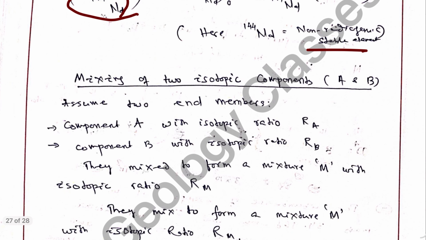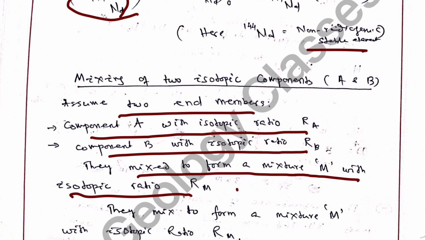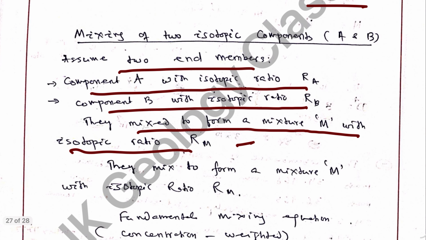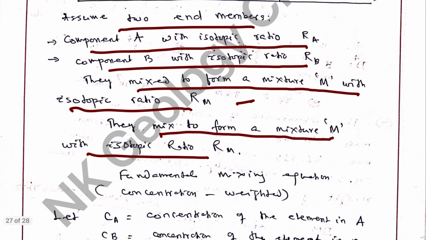Let us discuss mixing of two isotopic components A and B. Assume two end members, component A with isotopic ratio Ra and component B with isotopic ratio Rb. They mix to form a mixture M with isotopic ratio Rm.